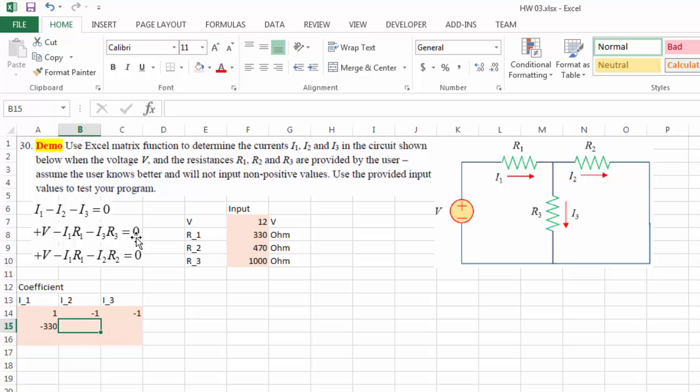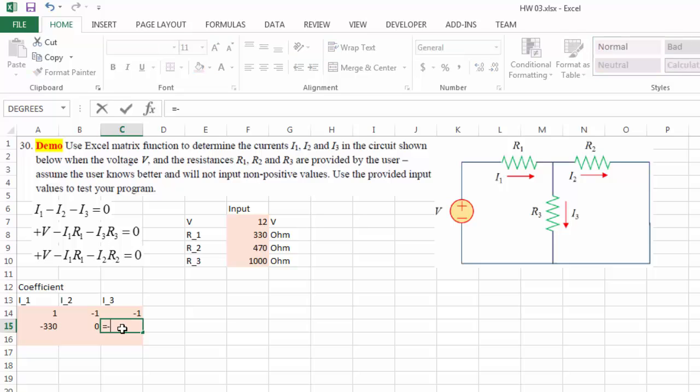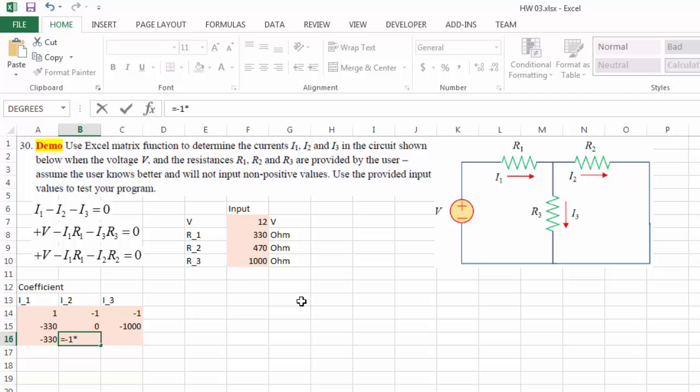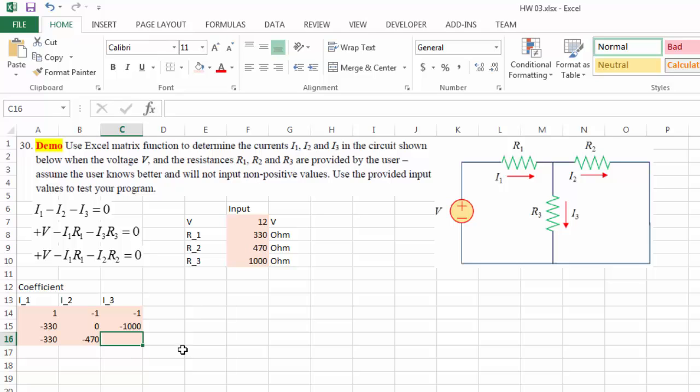I2 is missing from the second equation, therefore the coefficient is simply 0. I3 equals -1 times R3. And then similarly from the third equation, I have the same coefficient for I1, I2 now equals -1 times R2, referencing this cell, and then for I3 the coefficient is 0.